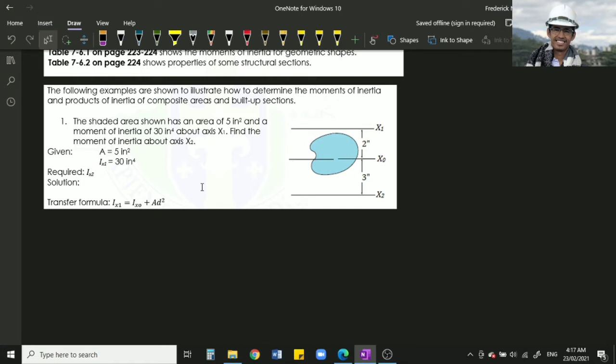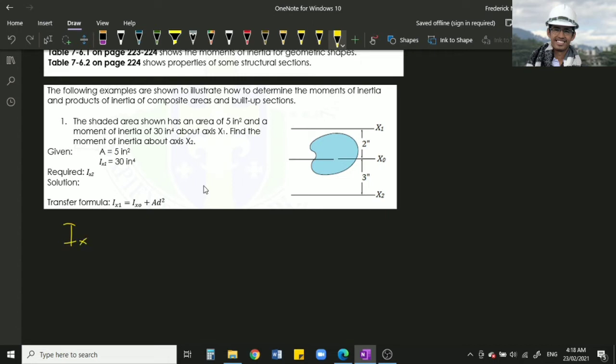So for example number 1, the shaded area shown has an area of 5 inch squared and a moment of inertia of 30 inch raised to 4 about axis x1. Find the moment of inertia about axis x2. Okay? So our area is 5 inch squared and our Ix1 will be equal to 30 inch raised to 4.